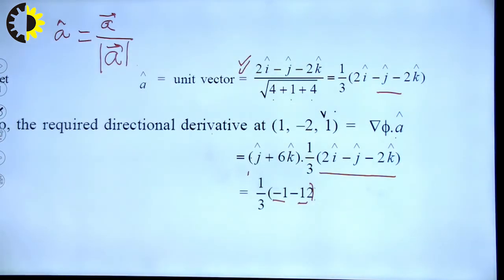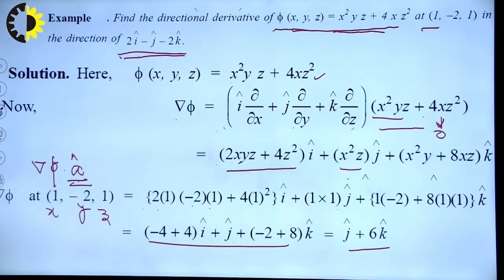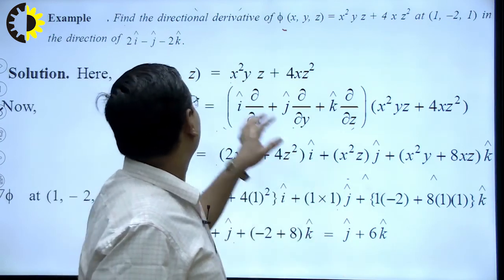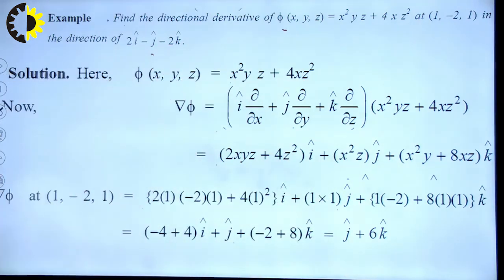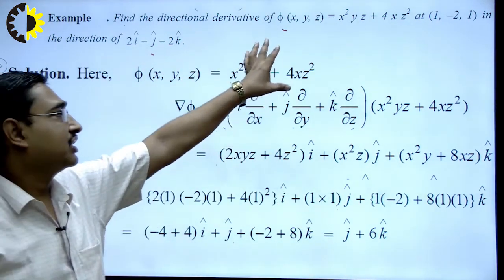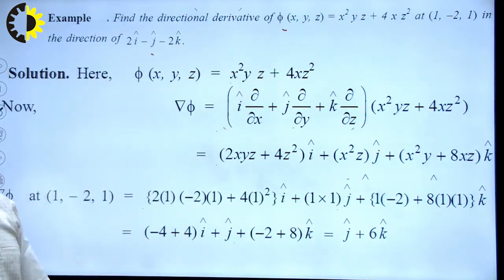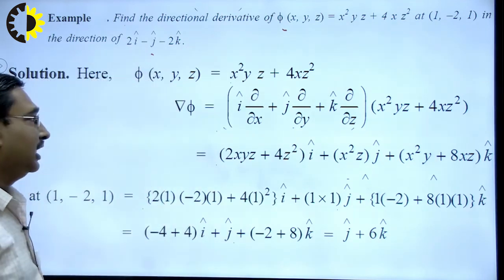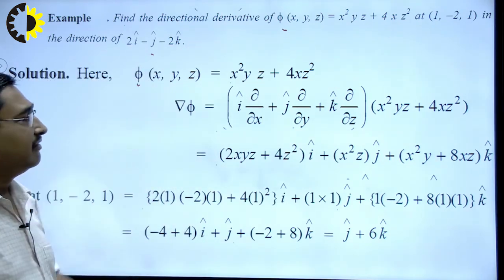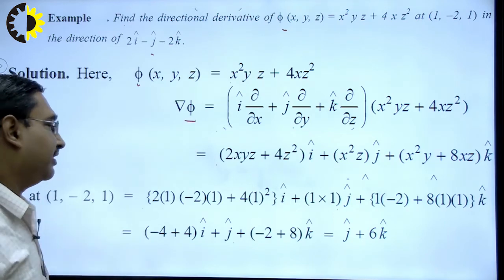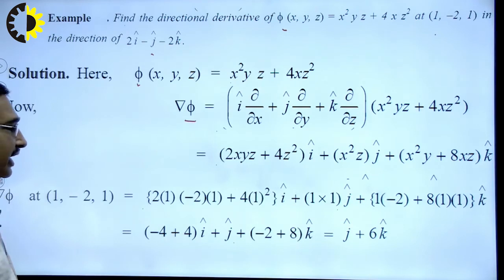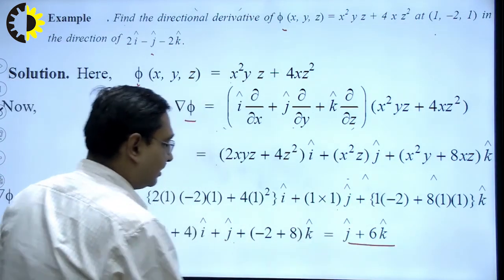Let me sum up once again. This function phi was given. In the direction of this vector, we were interested in finding its directional derivative. Whenever the directional derivative is required, I need to calculate grad phi dot a cap. This phi was used to calculate grad phi. Substituting the given point, I obtained the value of grad phi at the point as this.